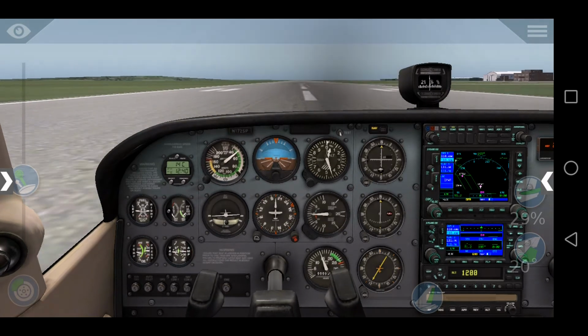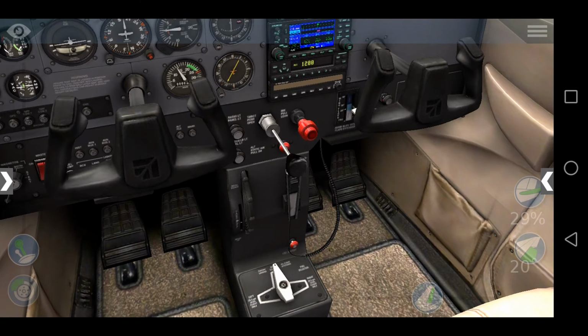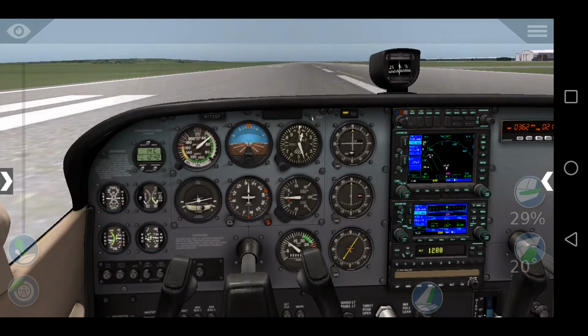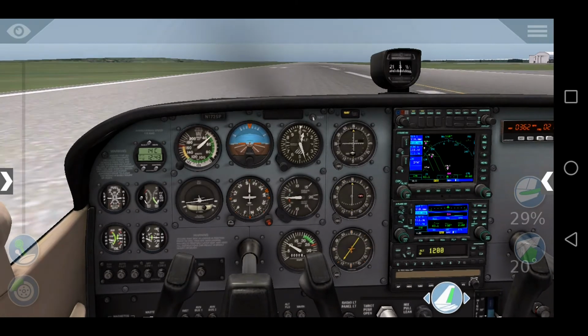Touchdown. Engine cut out and maximum braking.